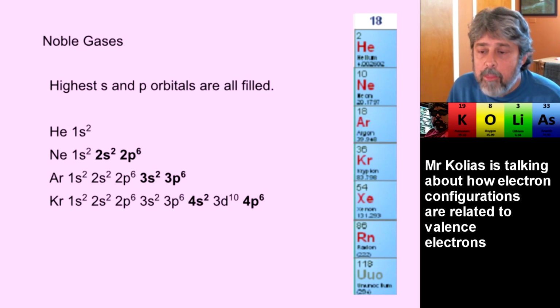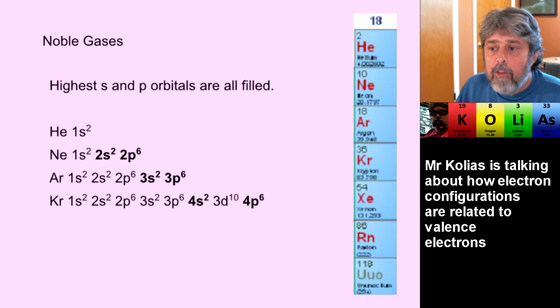Level 3. 3s2, 3p6. Add up the electrons. 2 plus 6 is 8. Again, 8 valence electrons in the outer level. Look at krypton. The highest level is 4. 4s2, 4p6, add up the 2 and the 6, that's 8 again. They all share 8 valence electrons.